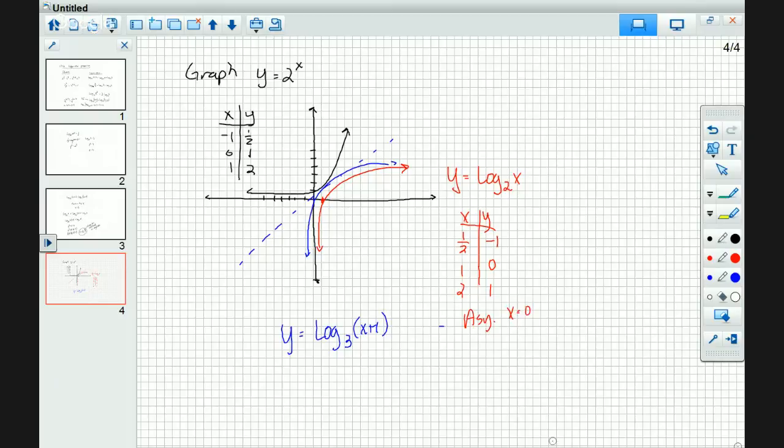X equals 0. Does it have an asymptote in this direction? Sure.